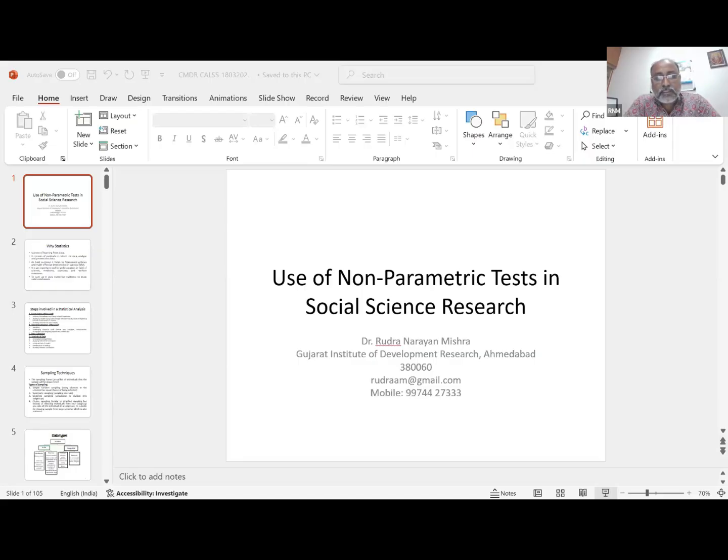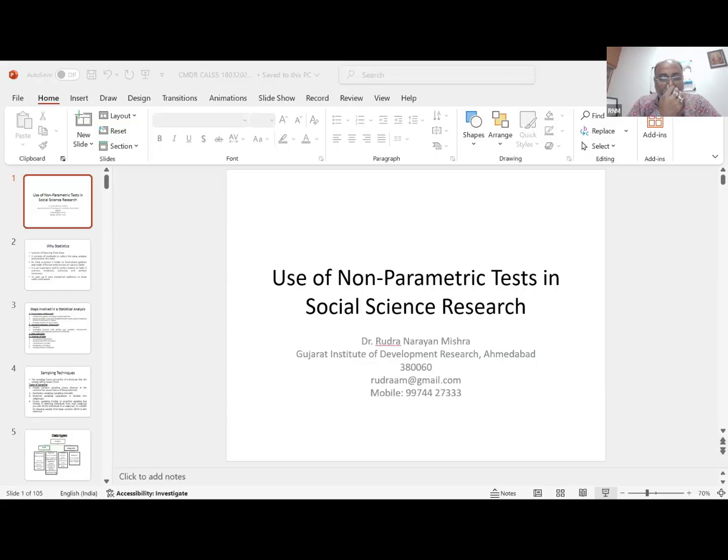But in social science research, especially in social sector development issues, those who are working as a student or a project person or pursuing a PhD will find that most of the data you collect is not symmetrical, and is not appropriate for making statistical inferences.